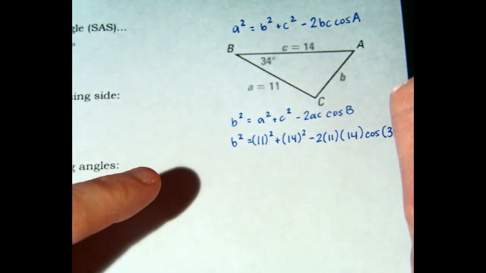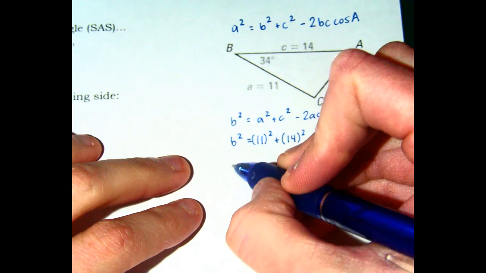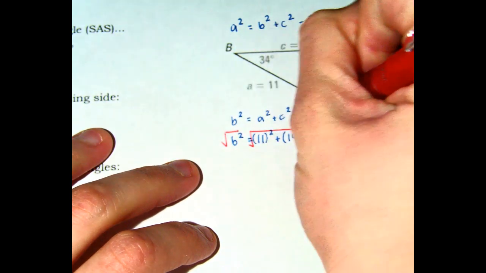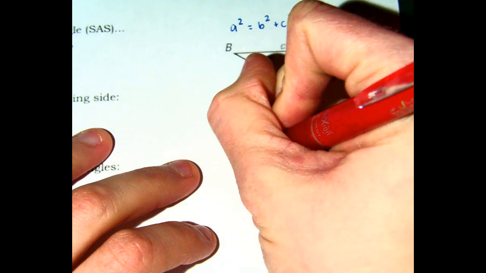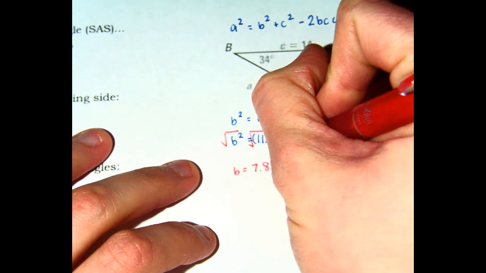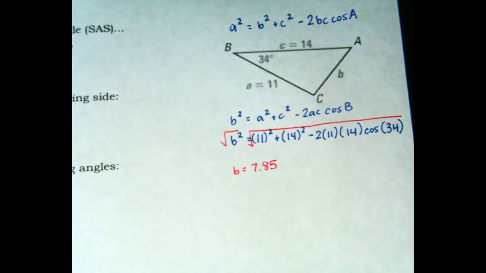Alright, before you round, what are we going to actually have to do to find B? Square root. So square root that number. 7.1. Alright, and I'll let you round to 2 decimals.